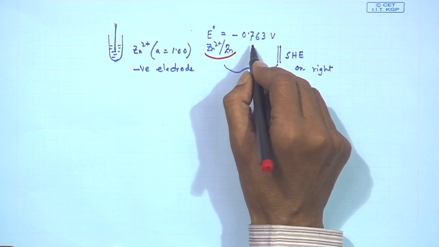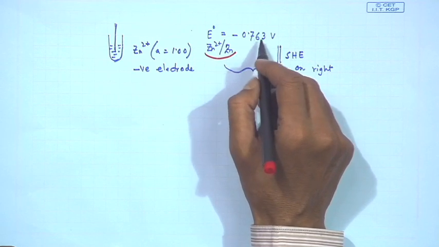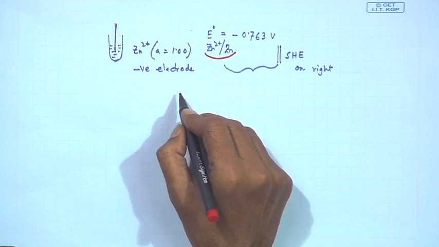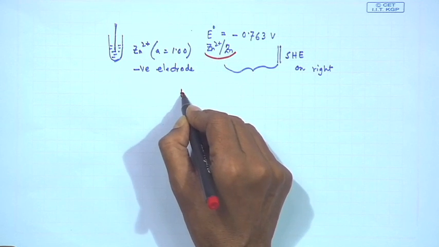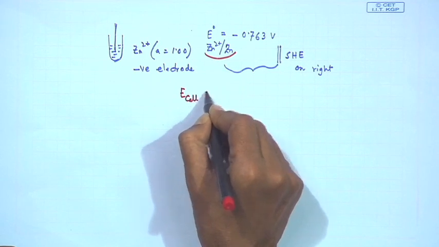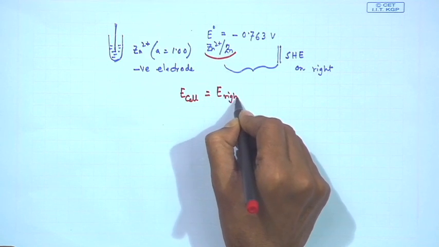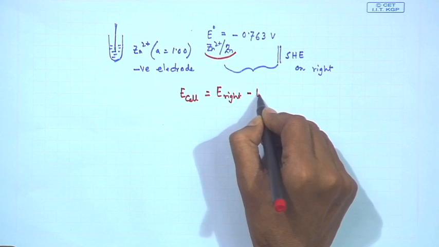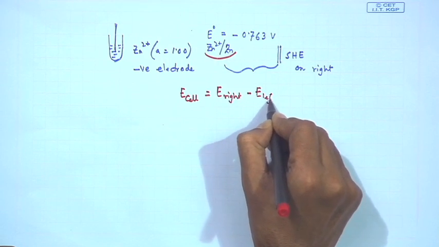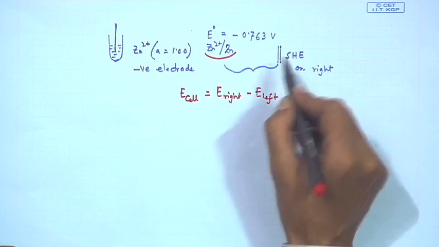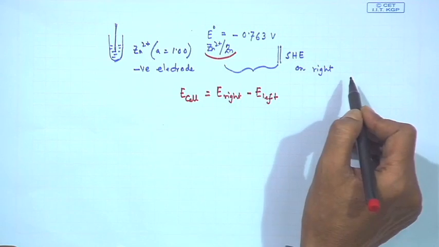And this reduction potential, if we consider, is more negative compared to your cadmium. So, for the total evaluation, E cell is therefore your E right minus E left. So far we are not considering whether you have the SHE on the left or on the right.